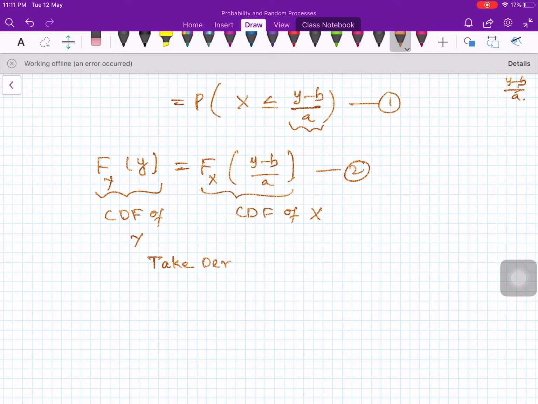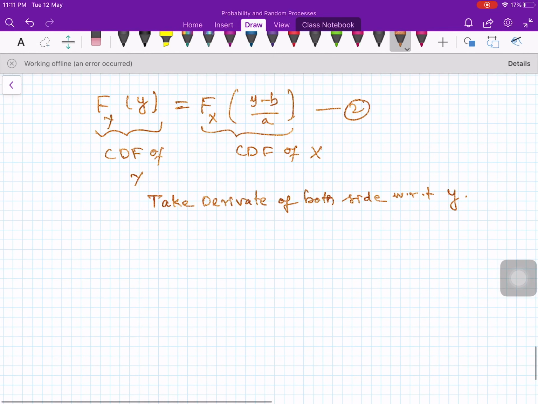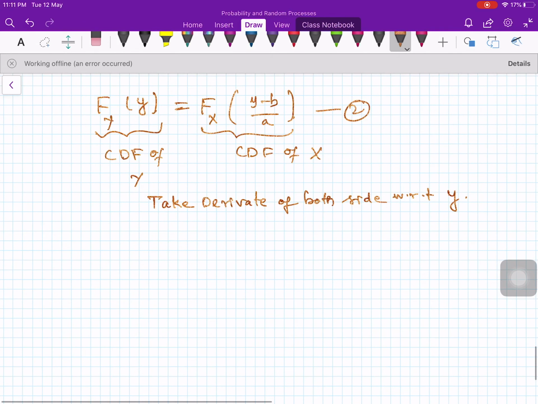Take the derivative of both sides with respect to y. Now here we need to use the chain rule, because the function also has y. So it is going to be the derivative of the F function with respect to its argument, and then we need to take the derivative of the argument with respect to y.